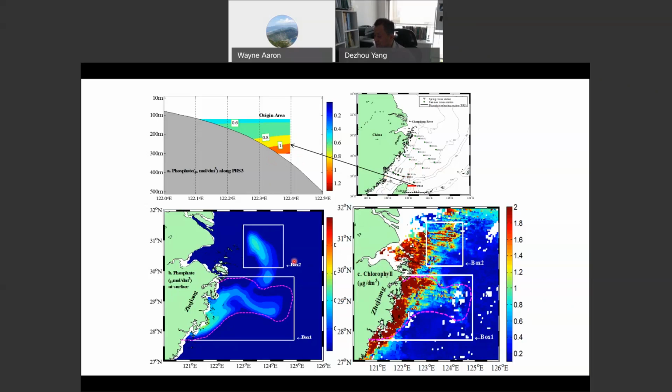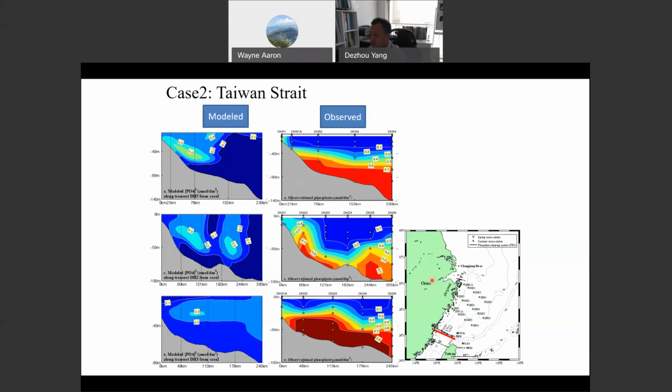So this pattern is similar to the satellite chlorophyll, like this one. If we release the phosphate along this transect 3 months later, along these 3 transects, the phosphate distribution is significantly different from the observations.